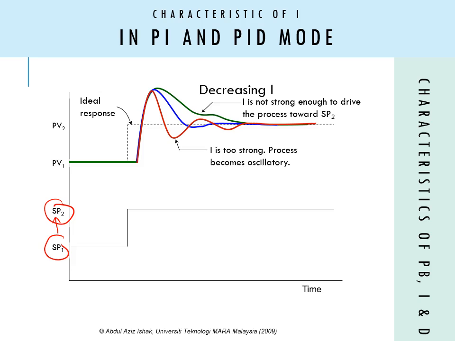And it is just nice to produce a good process response curve. However, if we reduce the I value even further, the process becomes more oscillated, as represented by the red line.